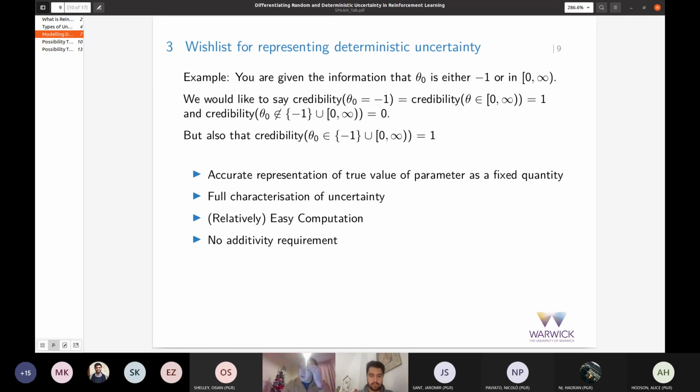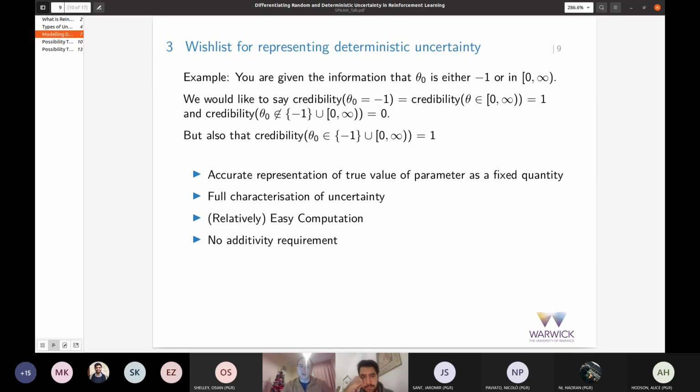But we should also have that the credibility of theta naught being in {-1} or (0, infinity) should also be 1, because we have no information that suggests that theta naught shouldn't be in there. But clearly that breaks additivity and leads naturally to relaxing additivity to subadditivity.